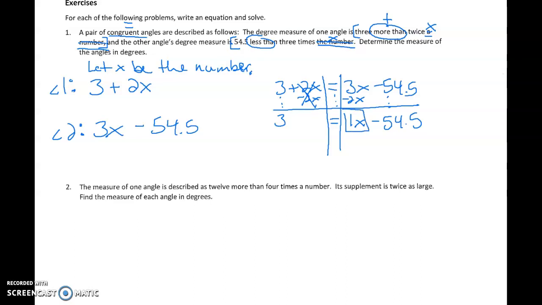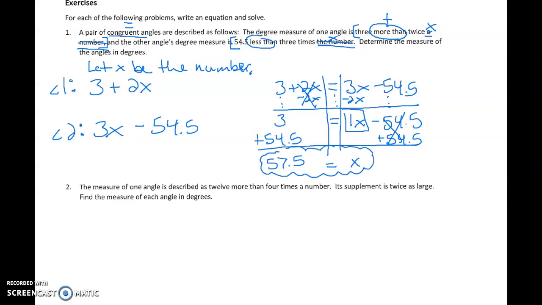So I need to get rid of whatever's being added on or subtracted. I'm going to get rid of this 54.5. It's minus, so I'm going to plus it. Whatever I do to one side, I do to the other. If I add these together, I get 57.5 equals x. So here is what x equals.